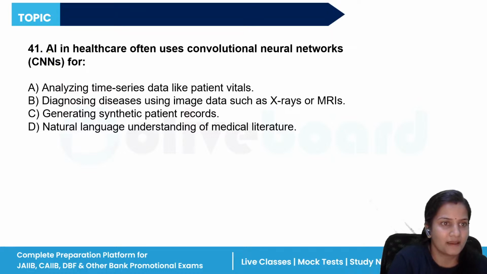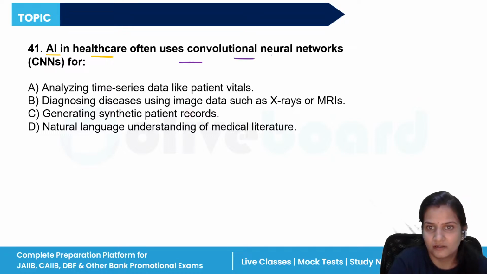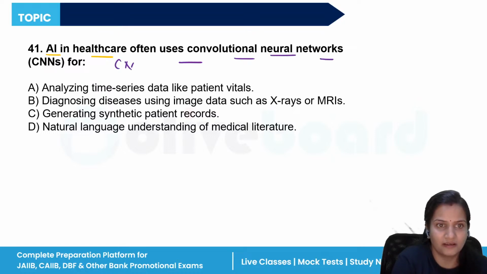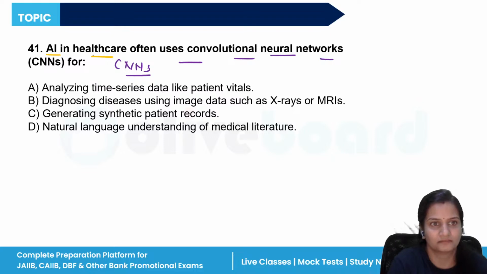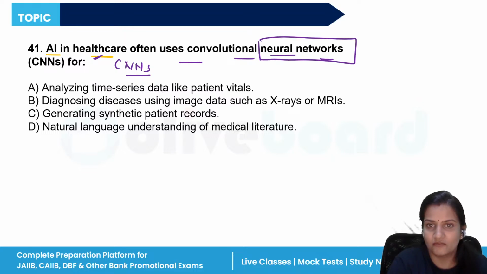Now, AI in healthcare often uses convolutional neural networks, that is CNN, for what? It is talking about healthcare. Neural networks, you have heard this word in AI.